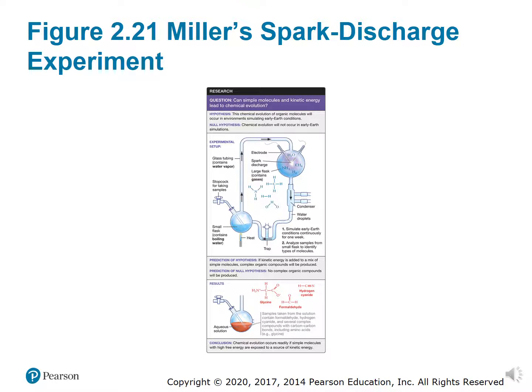You see two globes. The lower globe represents the ocean, and the upper globe represents the atmosphere. When they initially did the experiment, they put very simple molecules in the ocean, and they heated it to cause evaporation and condensation, and when they did, nothing happened.